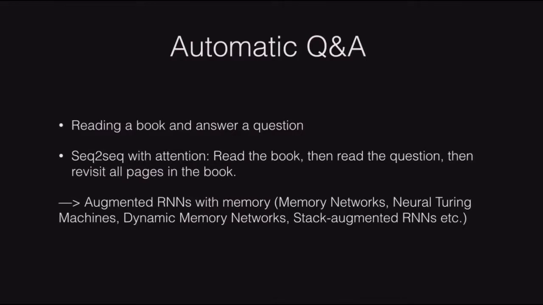You read the book, 1 token at a time, then read the question, and then use attention to look at all the pages, and then you make a prediction of the tokens, right?